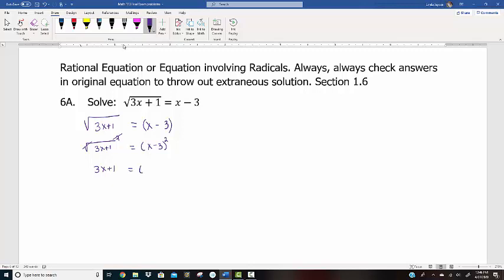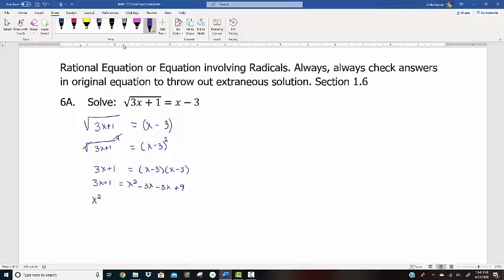This you're going to have to FOIL. Alright, so 3x plus 1 equals x squared minus 3x minus 3x plus 9. Well, we have a quadratic. That means everything on the left here I'm going to move over. We're going to set it up.